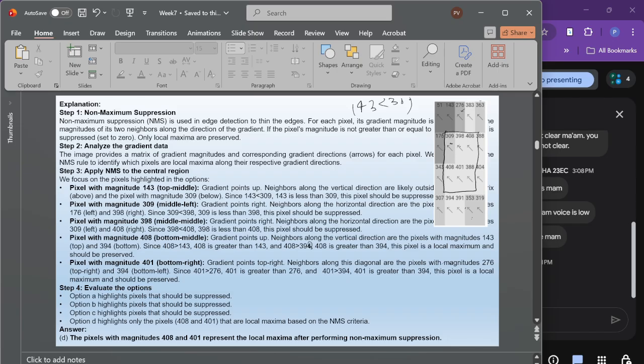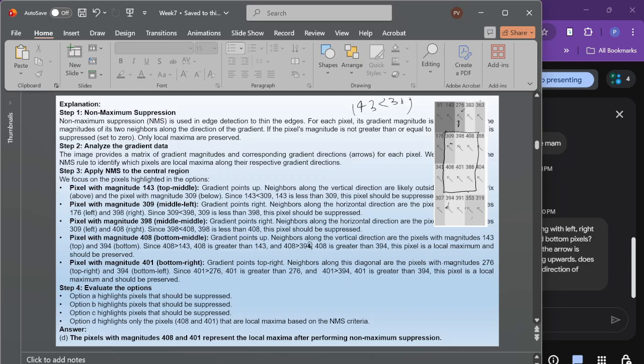Now we will check for the 401, this part. The gradient points right. So neighbors along the diagonal are the pixels with magnitude 276 on this side, and top right and bottom left is 394 in this one.